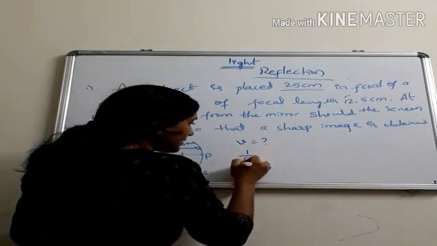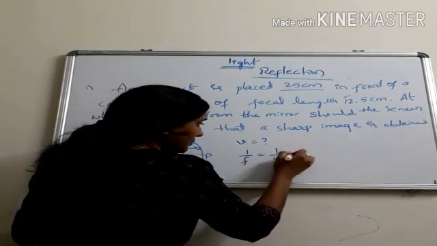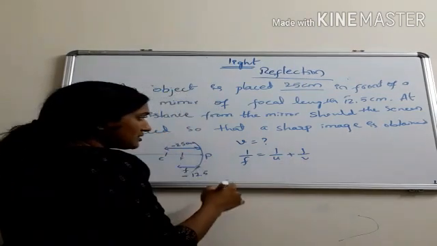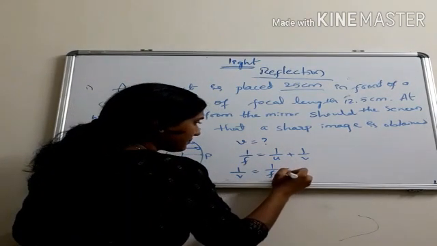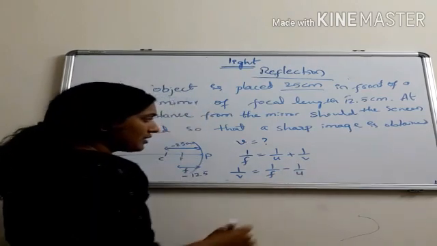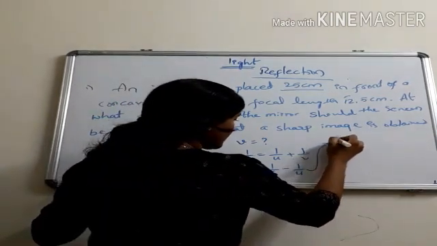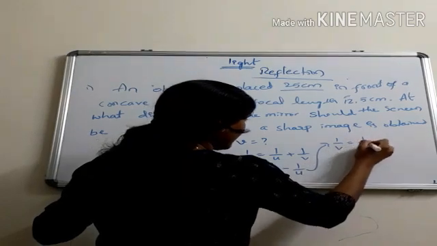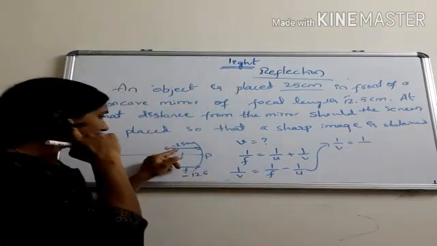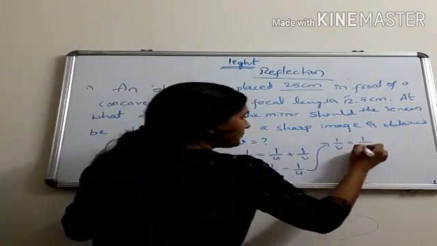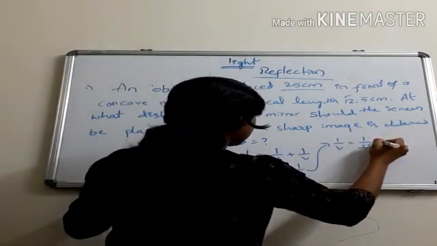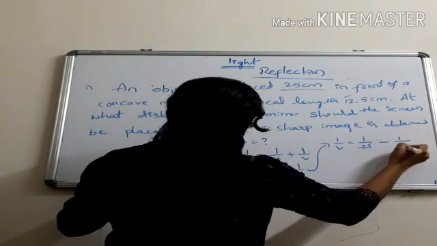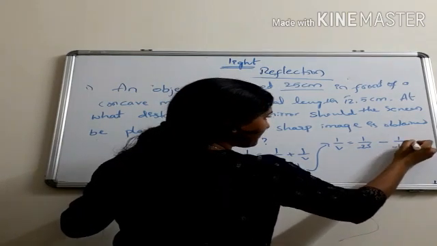So write down the mirror formula here: 1 by f equals 1 by u plus 1 by v. We want v, so I'll make it 1 by v equals 1 by f minus 1 by u. According to the given data, I'll substitute here. 1 by f means minus 2 by 25. Minus 1 by u means minus 1 by minus 25.